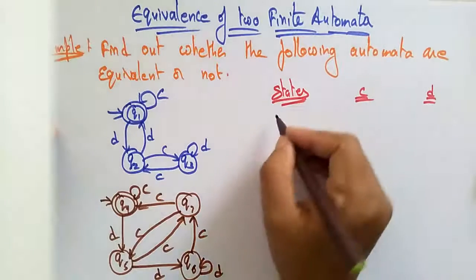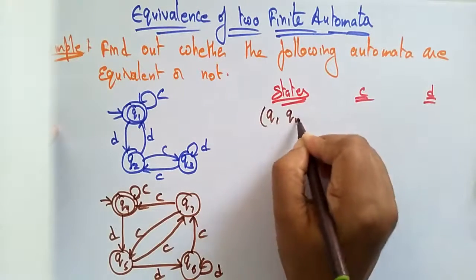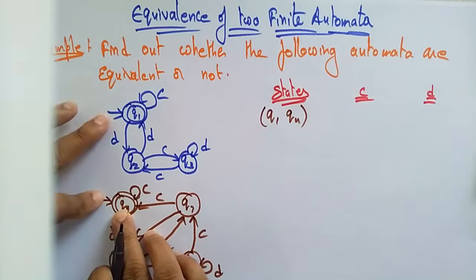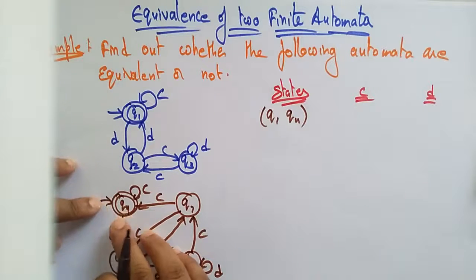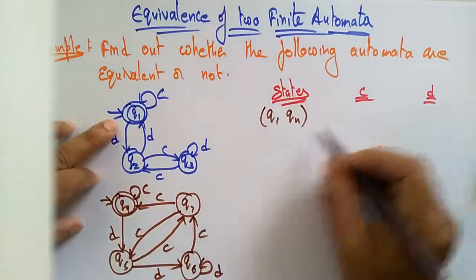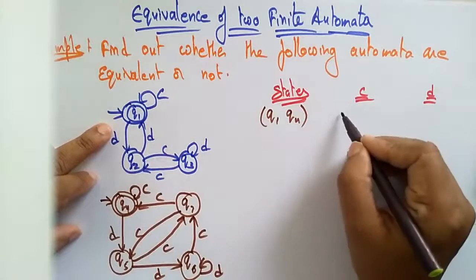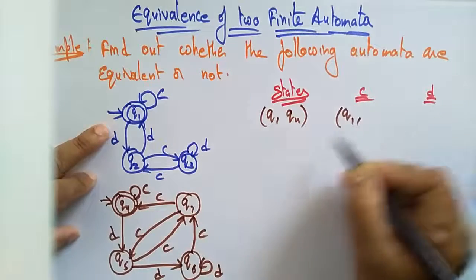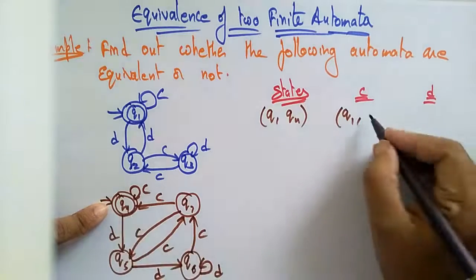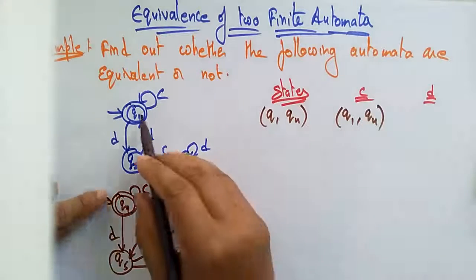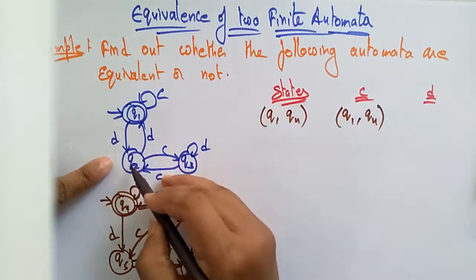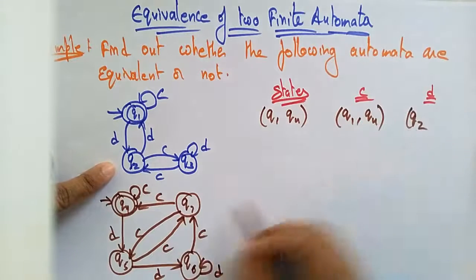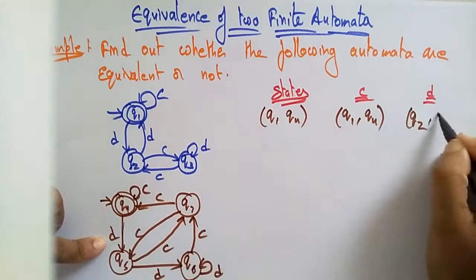So first Q1 and then Q4. This is the initial as well as the final state in both automata A and B. Here Q1 on C goes to Q1 and Q4 on C goes to Q4, and Q1 on D goes to Q2 and Q4 on D goes to Q5.